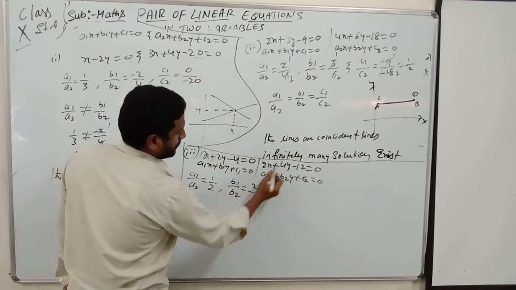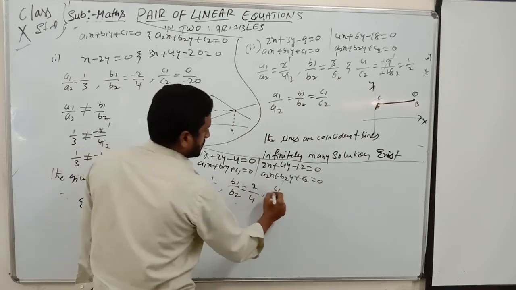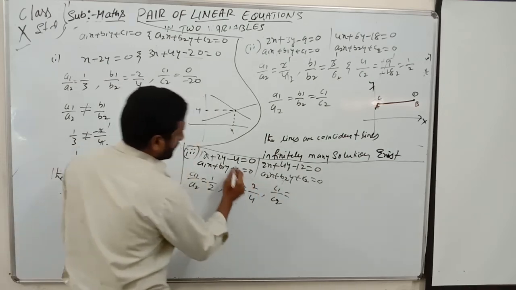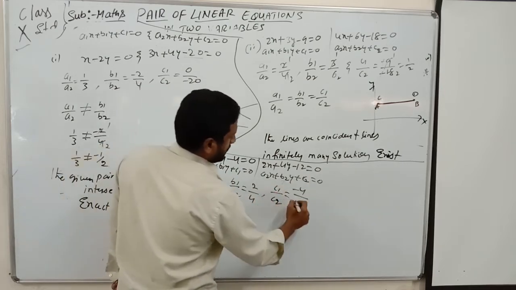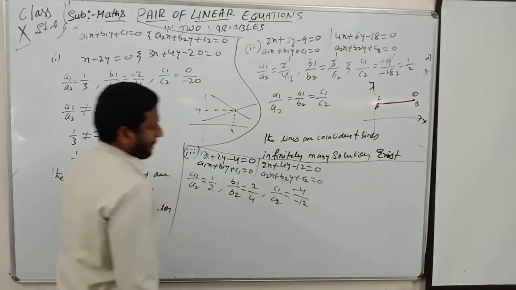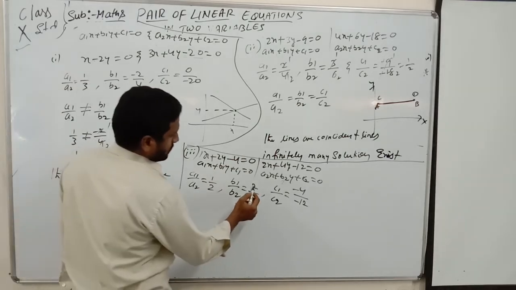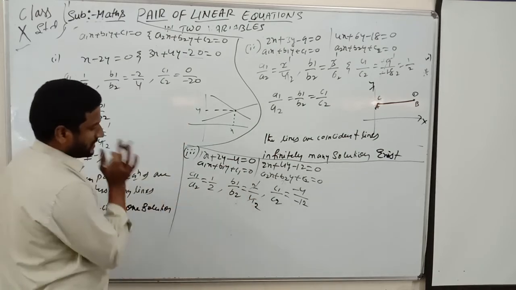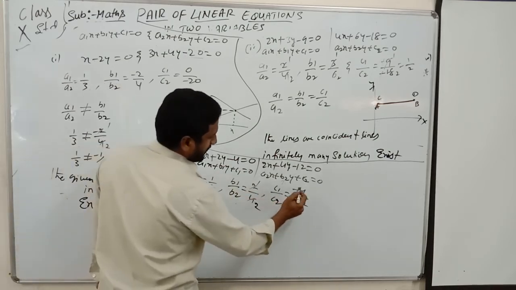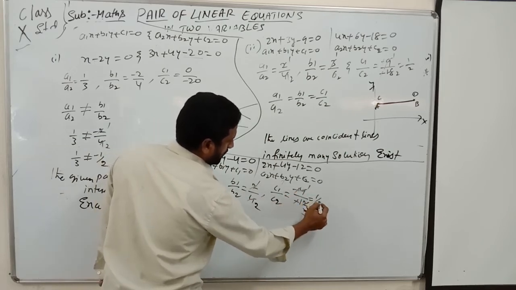What is b2? 4. Next, c1 by c2. c1 is minus 4, c2 is minus 12. So now we can cancel here: 2 ones are 2, and so on. Here minus minus both cancel, 4 ones are 4, 4 threes are 12. Nothing but 1 by 3.